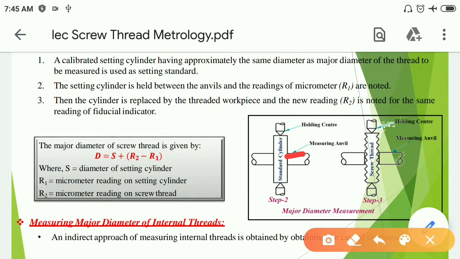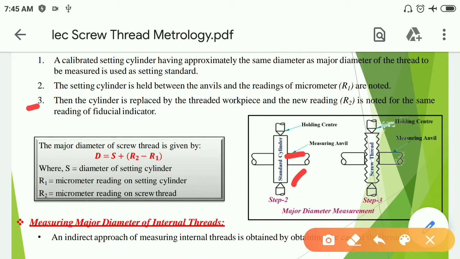The setting cylinder is held between the anvil and the reading of the micrometer R1 is noted as shown in the figure. Two holding centers are there and it is held with a standard cylinder.